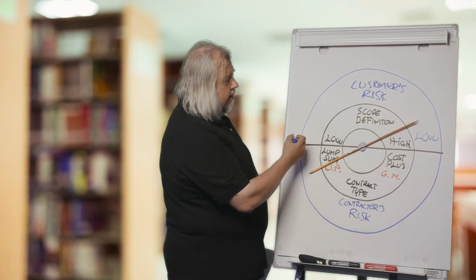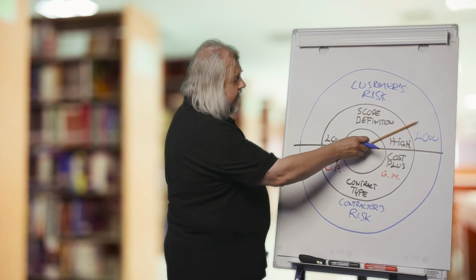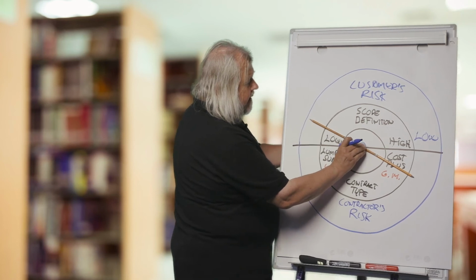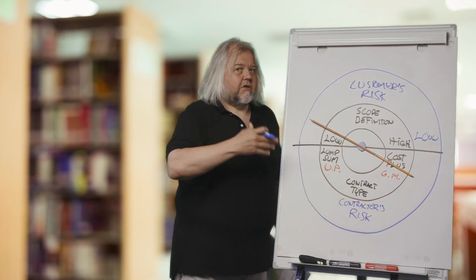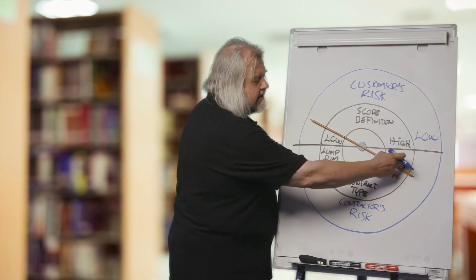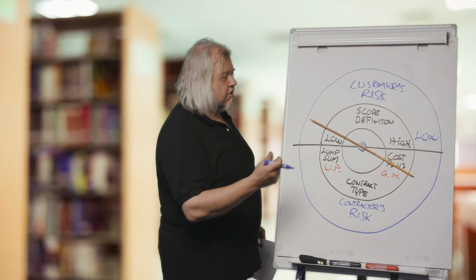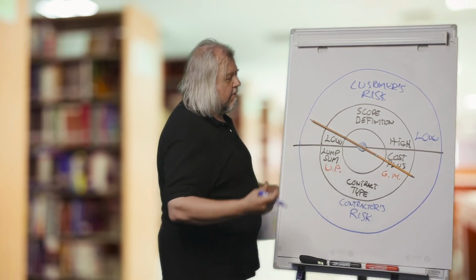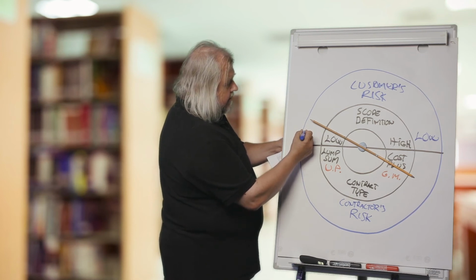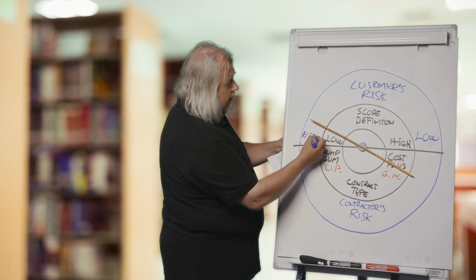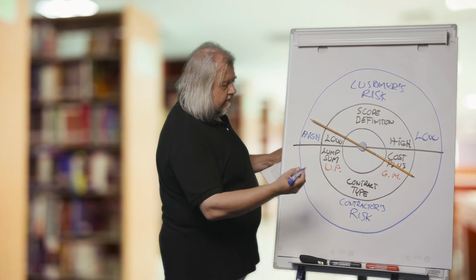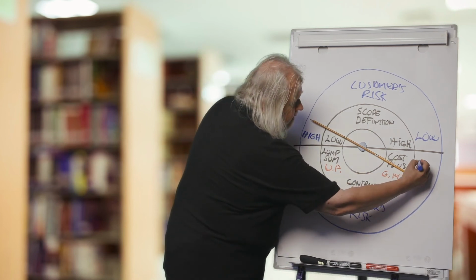But on the other hand, if we look at the situation where the scope definition is low and the customer basically doesn't know what kind of building he wants to have built, but he just buys the contractor's resources on a cost plus basis, just the man hours, the fact is that the customer's risk is high, and also vice versa, the contractor's risk is here low.